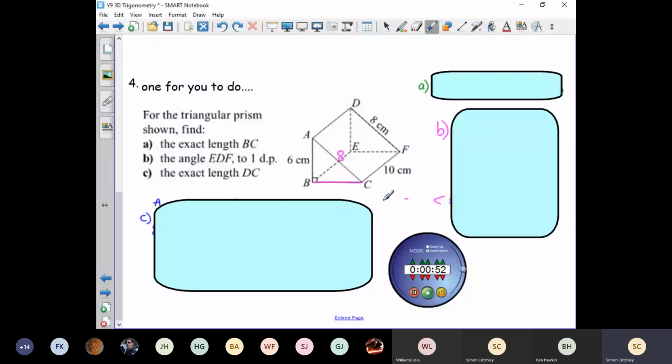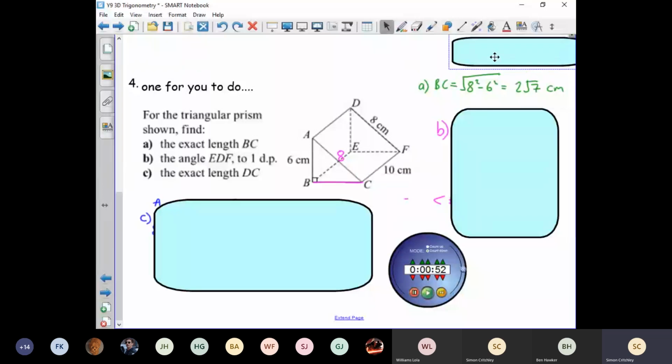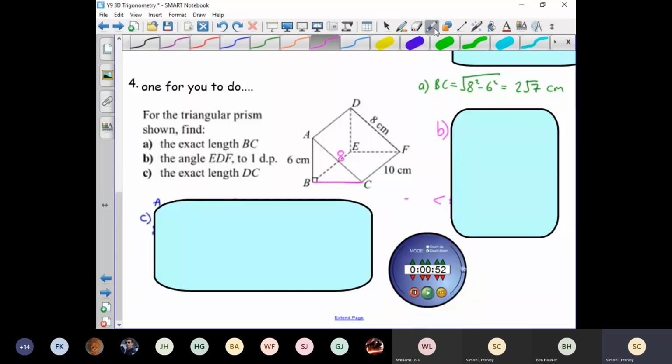So I used Pythagoras: 8 squared, which is 64, minus 6 squared, which is 36, which was 28, which I then square rooted to get 5.29. Lovely. 5.29 centimeters. Was that the same as 2 root 7? 2 root 7. Yes, 5.29.